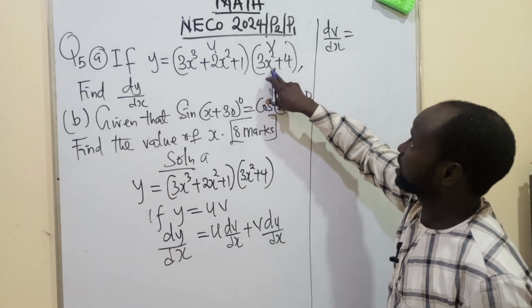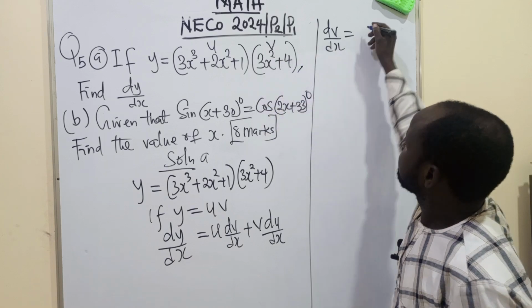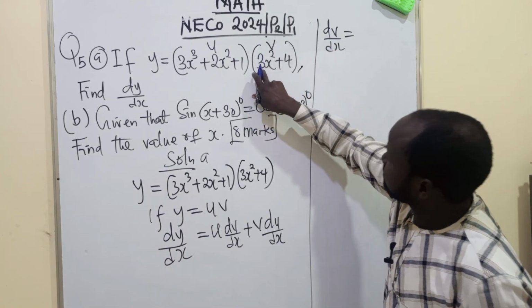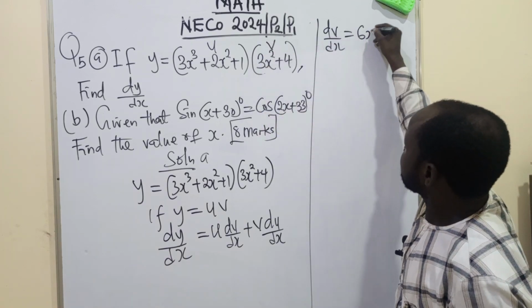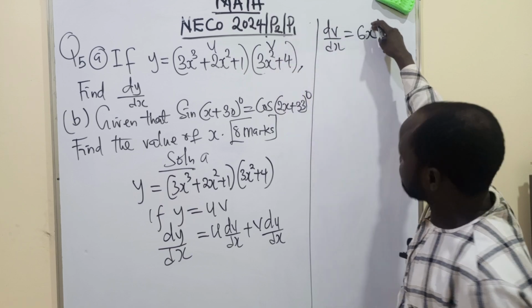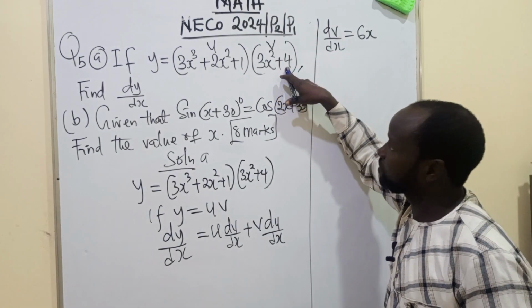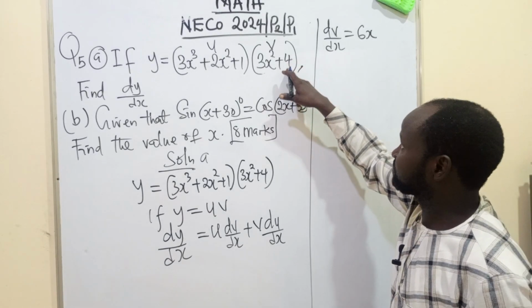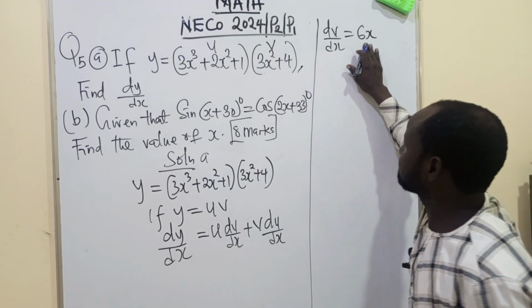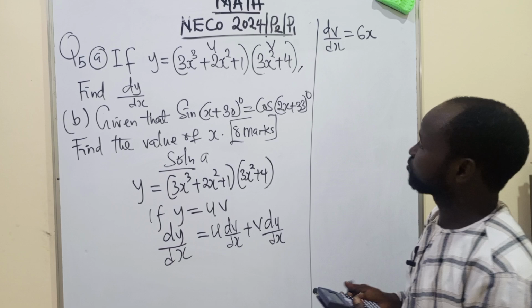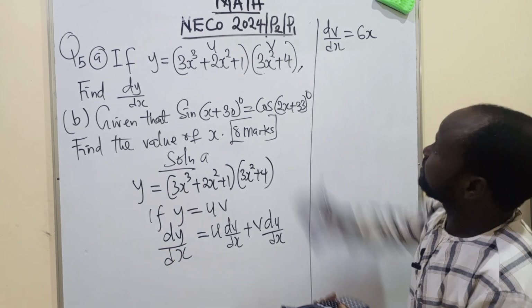If we differentiate 3x squared, the 2 will come down and multiply the 3, it will be 6x, the power reduces by 1. Plus the derivative of 4, which is a constant, is 0, so we'll have only 6x. This will be the derivative of our v.